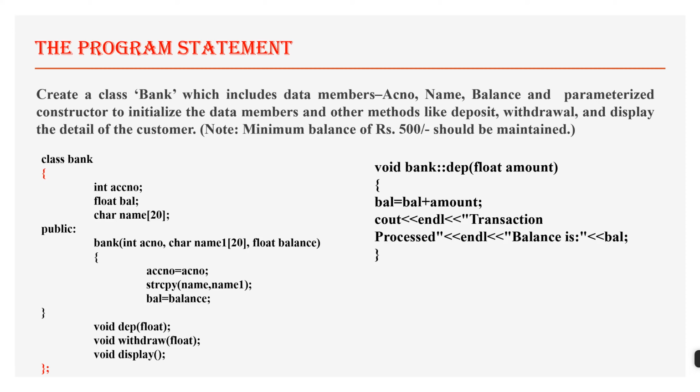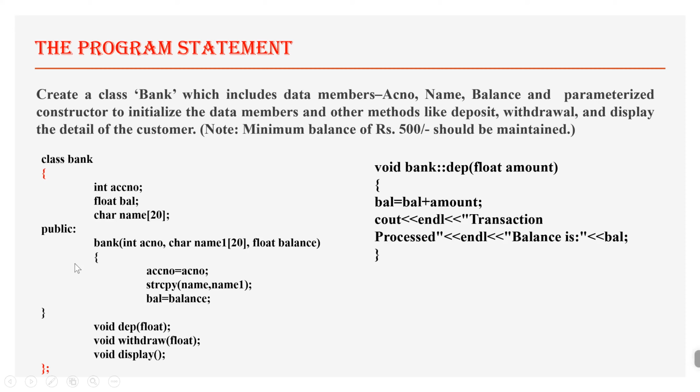So, what are the data members? Account number is a data member, name is a data member, balance is another data member. Now we have to use a parameterized constructor to initialize those data members, and then do some calculations for deposit, withdrawal, and all.